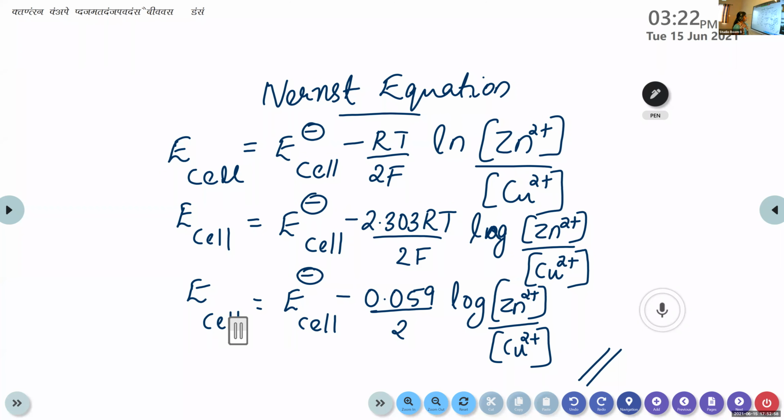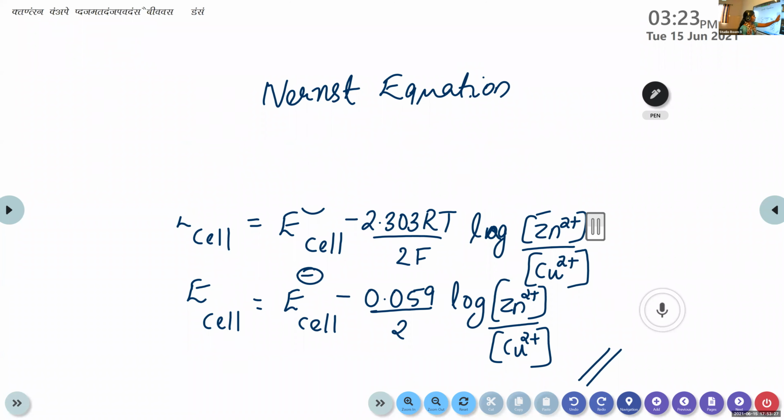So this is the Nernst equation to calculate the cell potential of the Daniell cell. Have we completed? Yes, ma'am. All of you? Yes, ma'am.